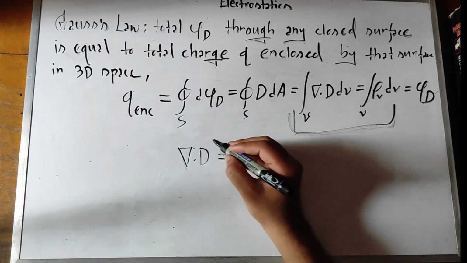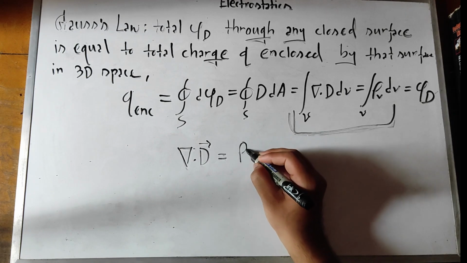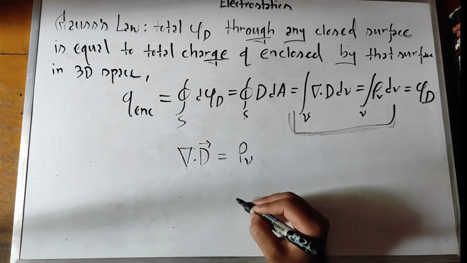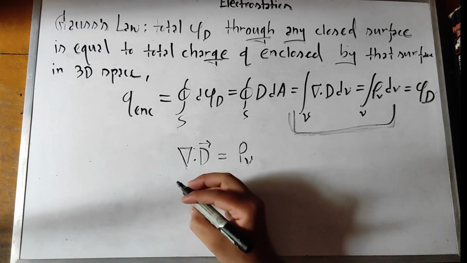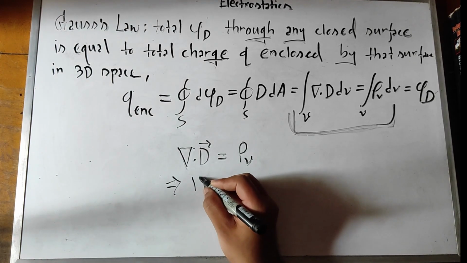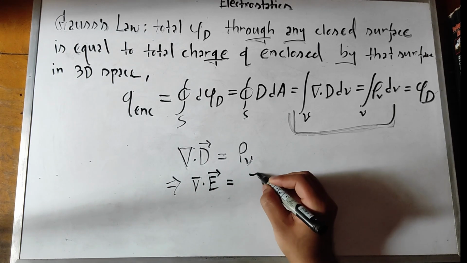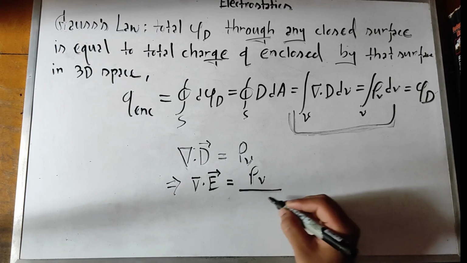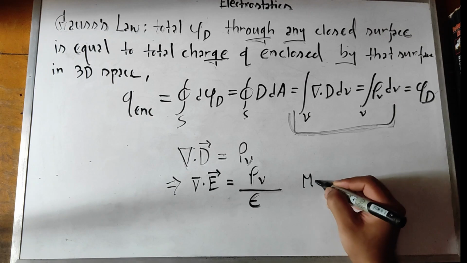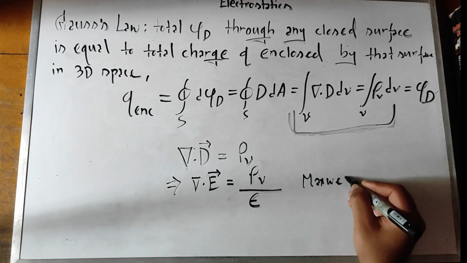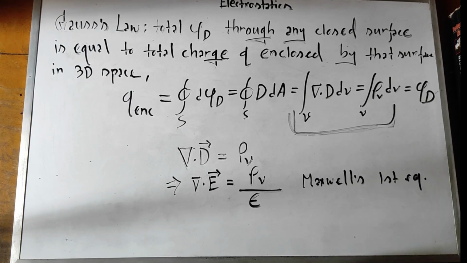So divergence of D is the volume charge density in 3D space, which can also be stated like this: divergence of electric field intensity is volume charge density by epsilon. So this is also Maxwell's first equation or law.